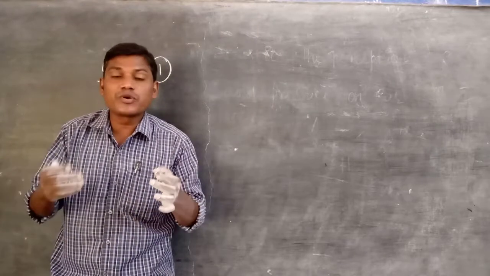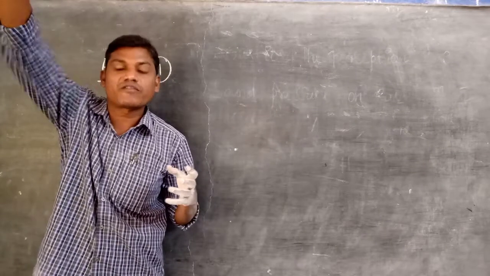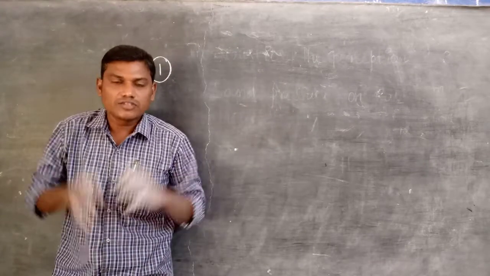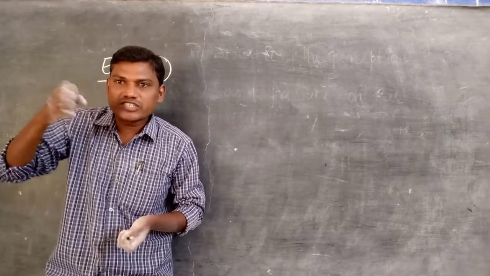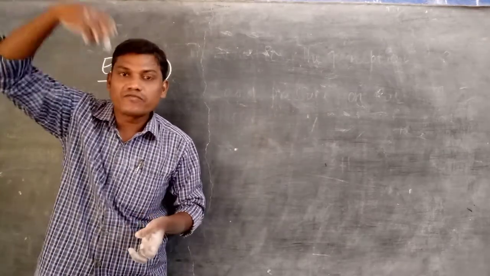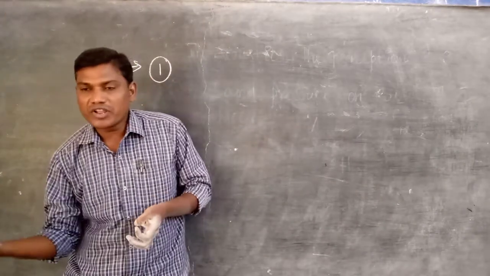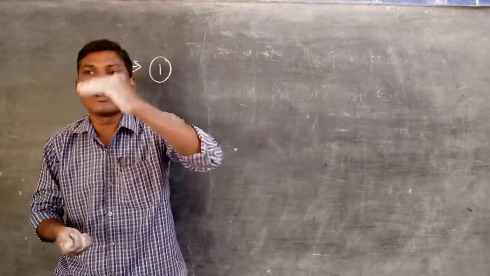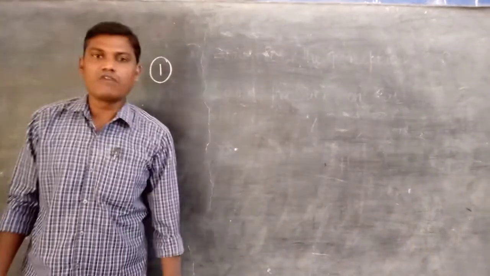But in the case of a roaring lion, it goes nearly up to 300 or 400 or 500 meters also. So the sound energy or sound pressure travels from the object up to a certain long distance. That's why the roaring of the lion has more loudness than the barking of a dog.